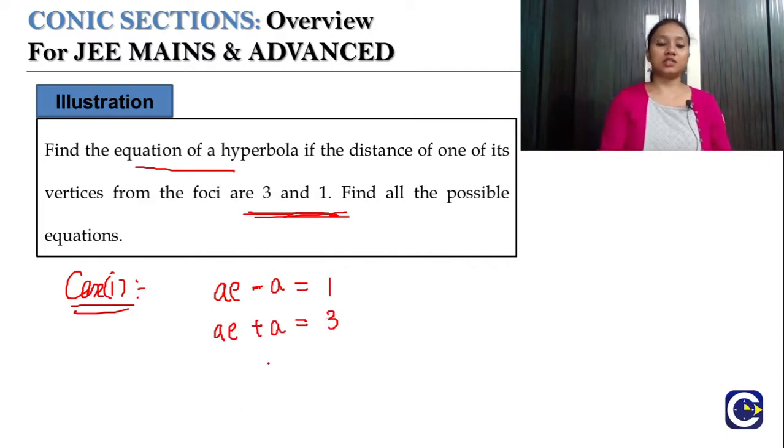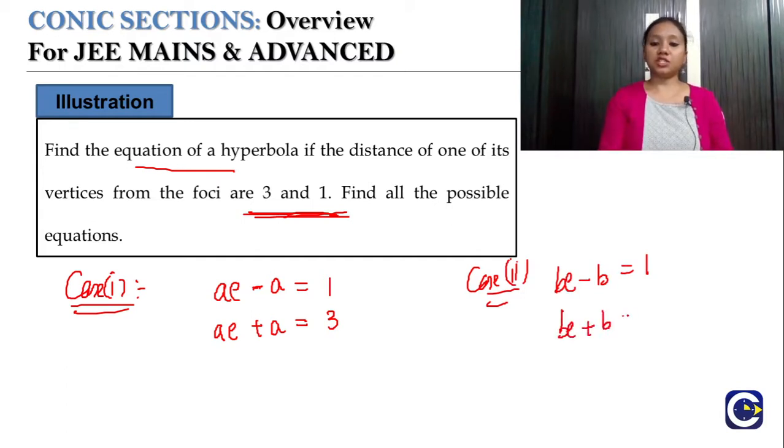So the distances will be either ae plus a or ae minus a, which are 1 and 3. This is along my x-axis, so I can have another case that gives be minus b equal to 1 and be plus b equal to 3. That's how I have to consider all the possible cases while writing the equation of the hyperbola.